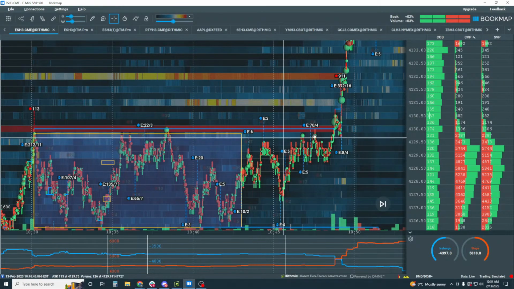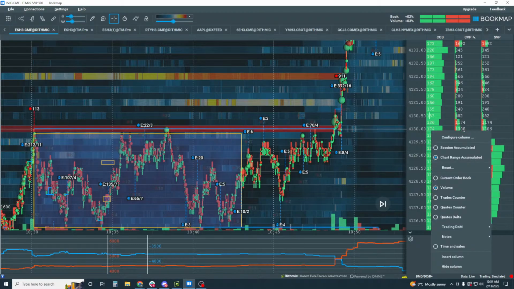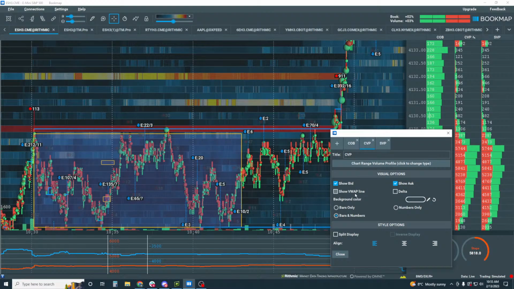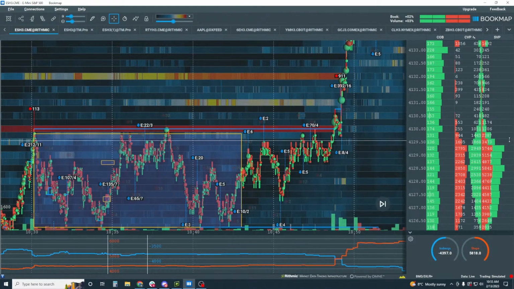Okay, so here we go. Actually, we can split it out as well. Let's just split out the data here. The total volume here was 1051 at this 30 level, and these are the aggressors.